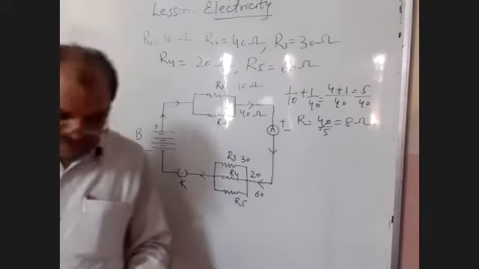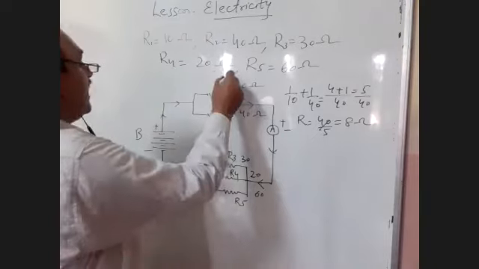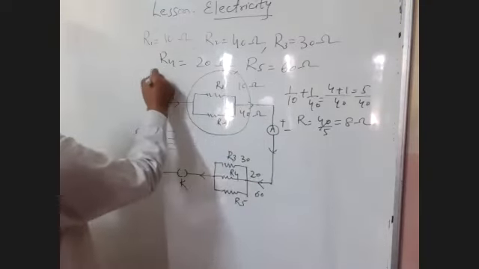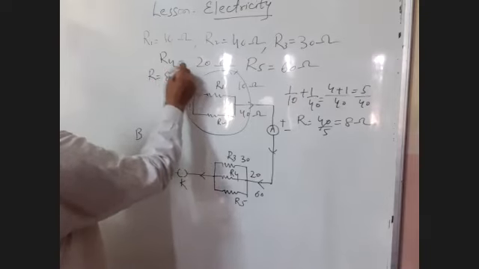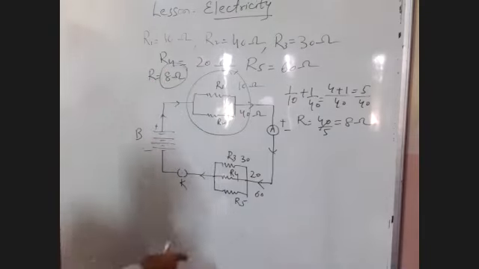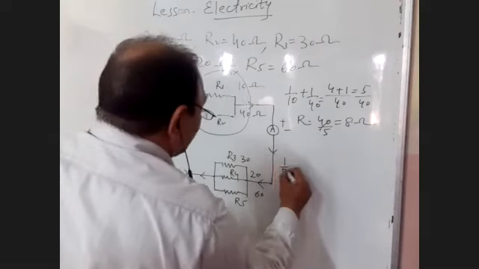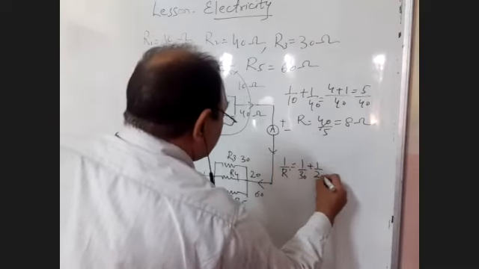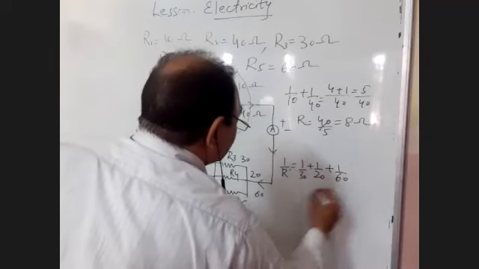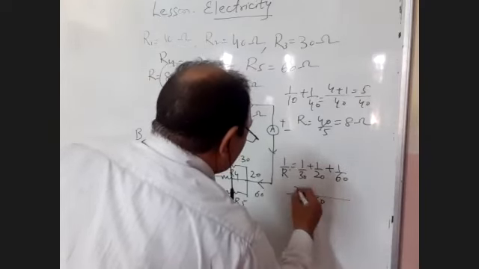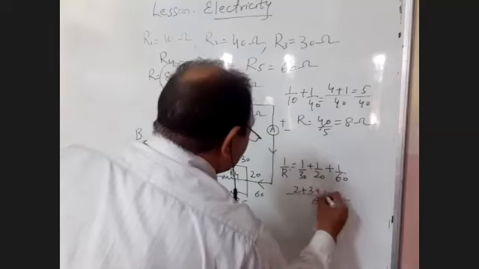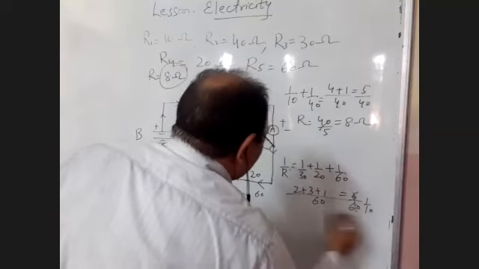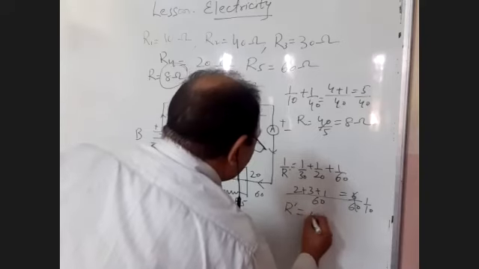Now for these three resistors, 1/R' = 1/30 + 1/20 + 1/60. The LCM is 60. 2 plus 3 plus 1 is 6 by 60, which is 1 by 10, so R' will be 10 ohm.